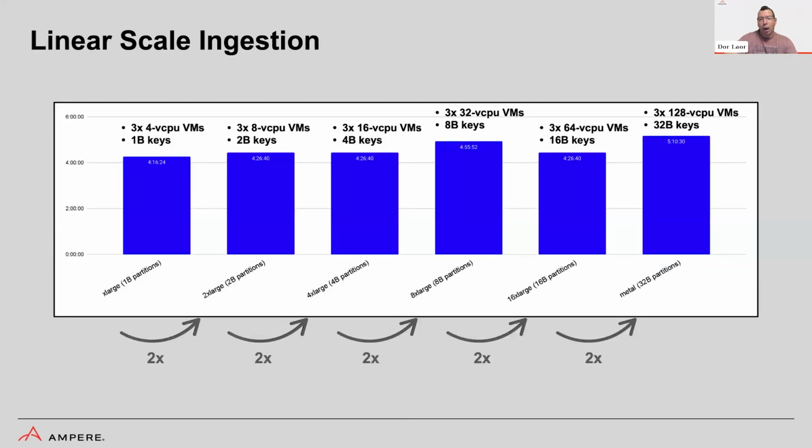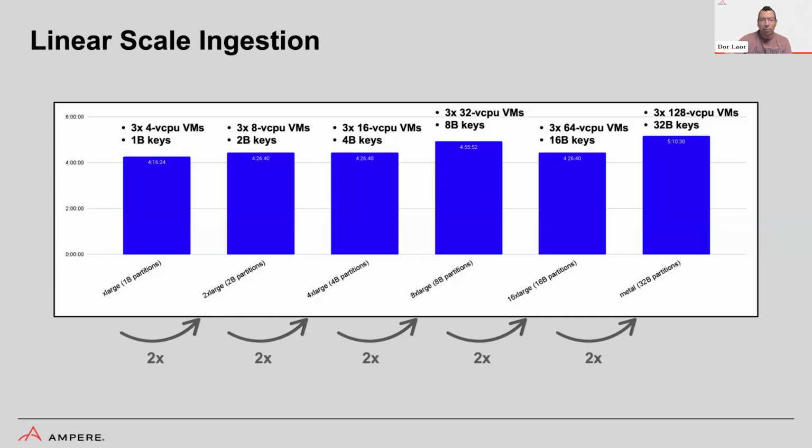Okay, so we put linear scaling to the test, and we wanted to compare clusters of 3 machines each, where each machine has a different number of processors. On the left column, you have the smallest machines possible with 4 vCPUs and 1 billion keys.